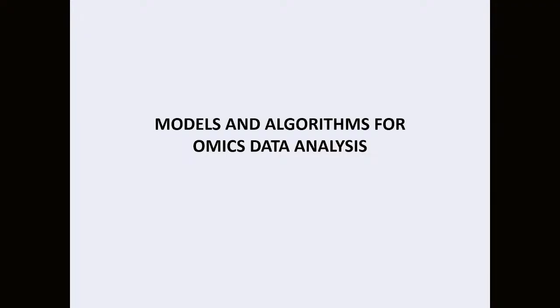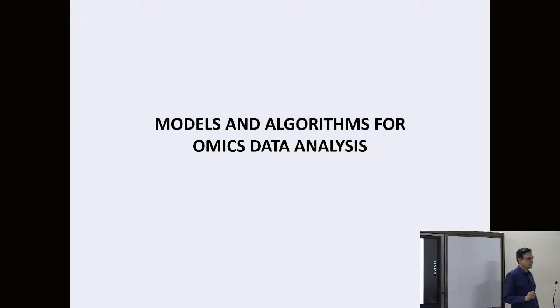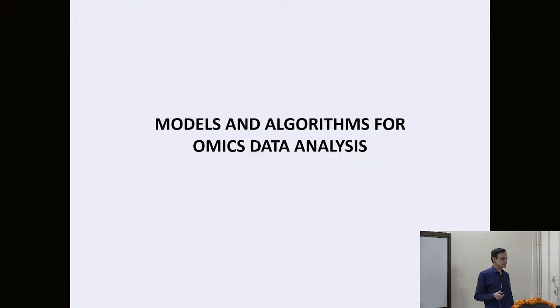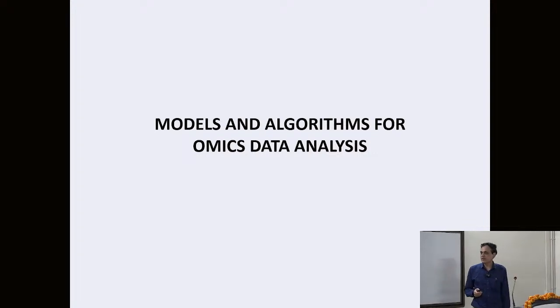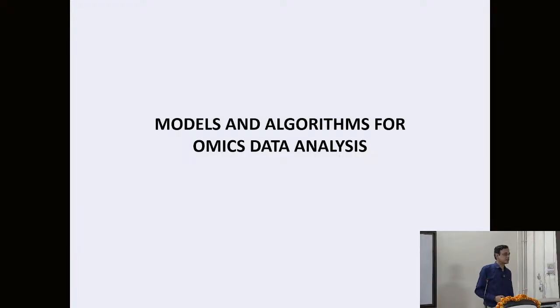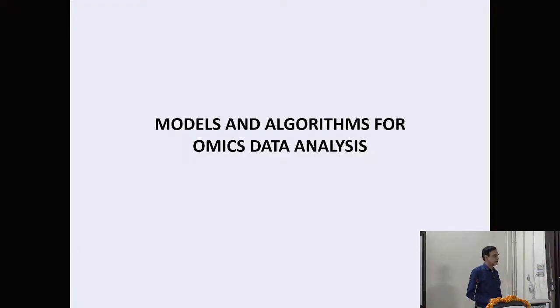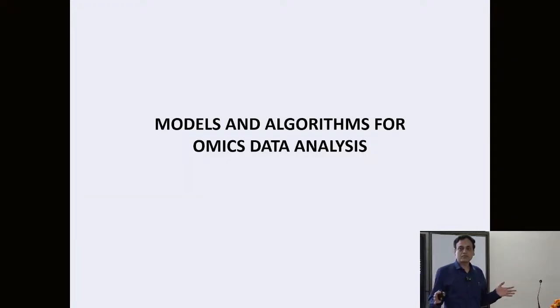Okay, that's fine. So this is a course on models and algorithms for omics data analysis. We are going to discuss different models and algorithms that are used frequently in the analysis of biological data, and these are fundamental models that were developed over the course of time.